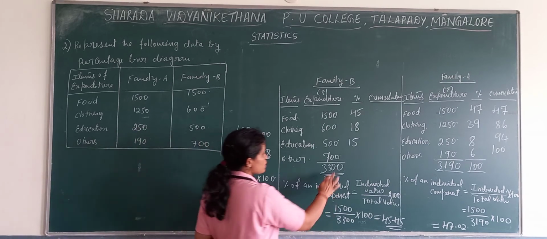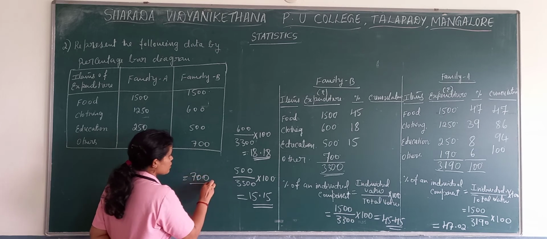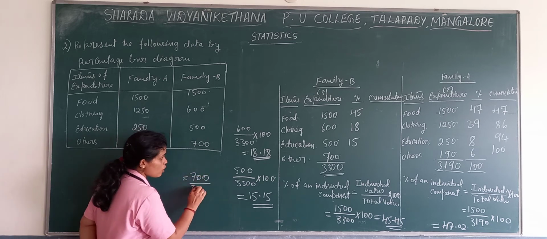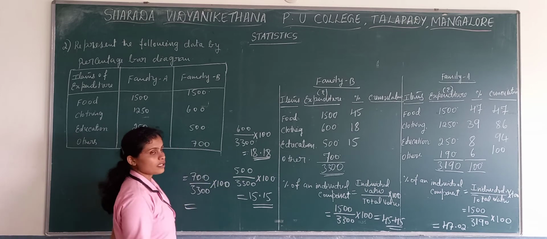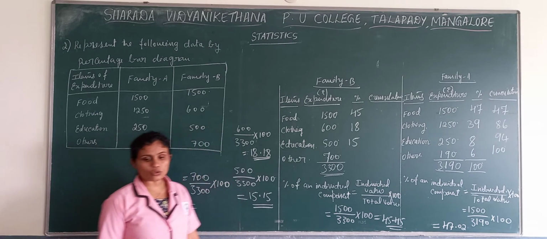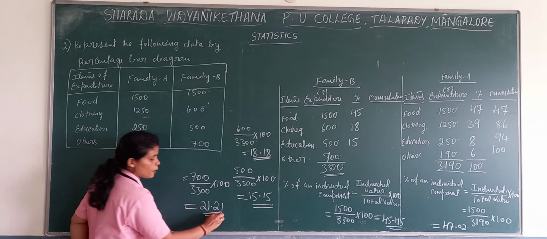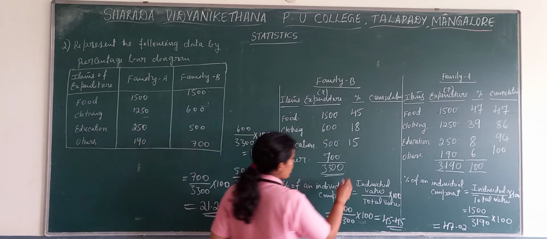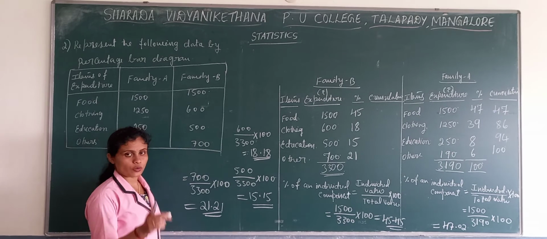Now come to last one, that is 700 divided by 3,300 into 100. There you get 21.21. We can make it as 21.